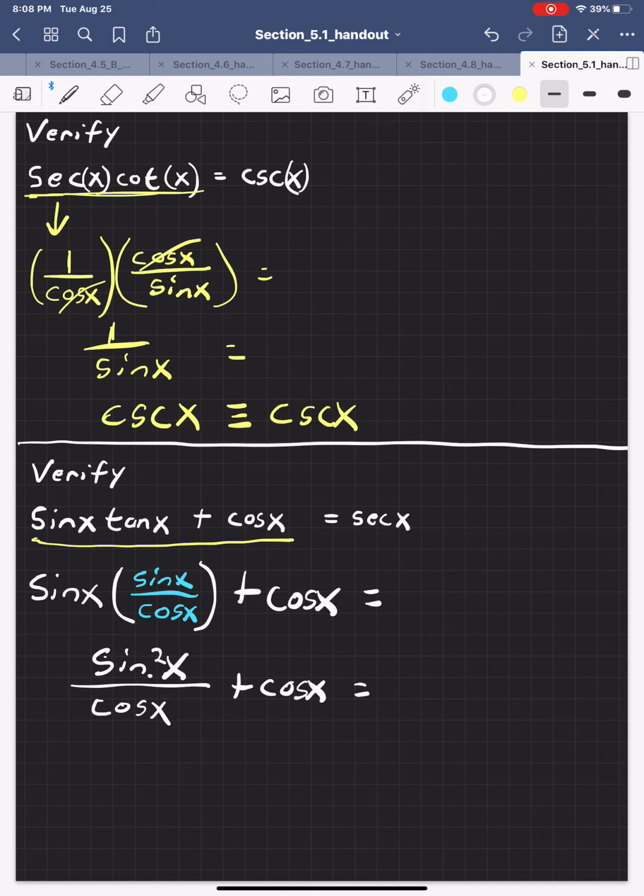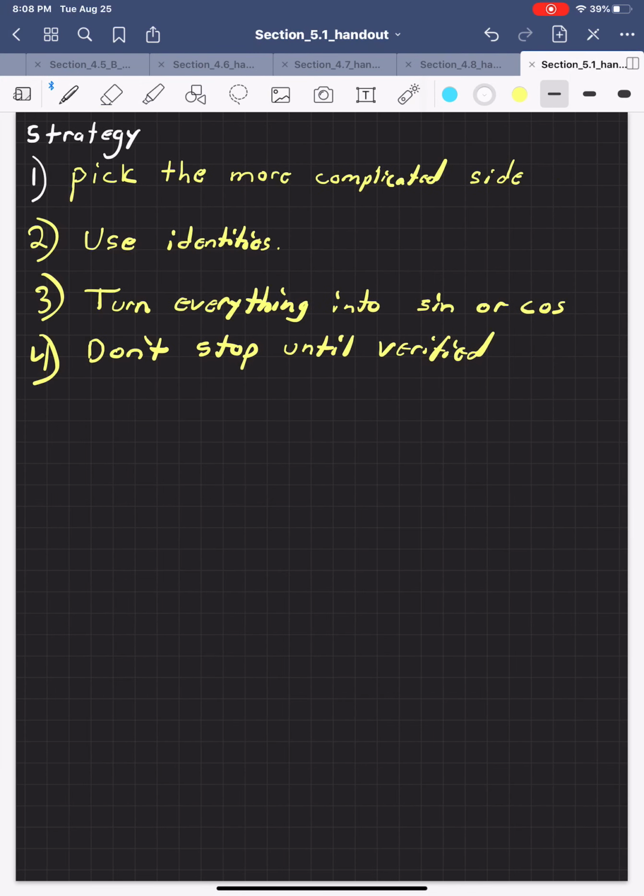Okay, so if you don't mind, relax for just a second. I'm going to go back to that page where I was listing some strategy here. So with that previous problem, we have already chosen the more complicated side. We've already used our identities to turn everything into sine and cosine. But notice, what else are we allowed to do?